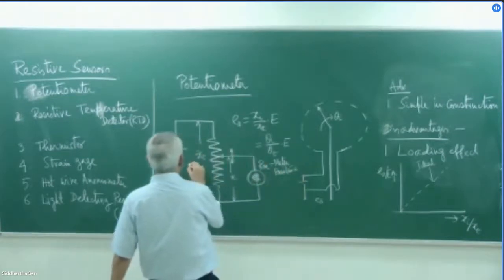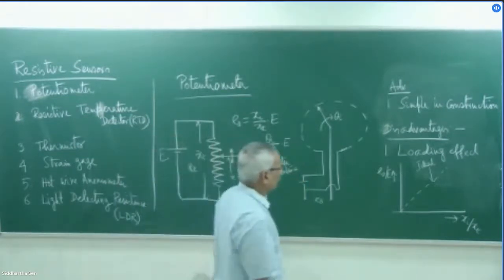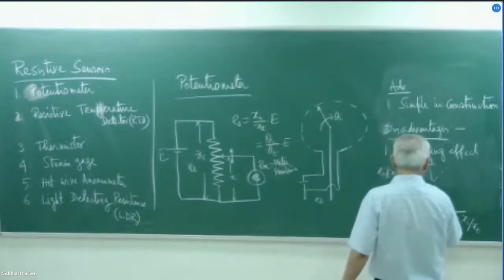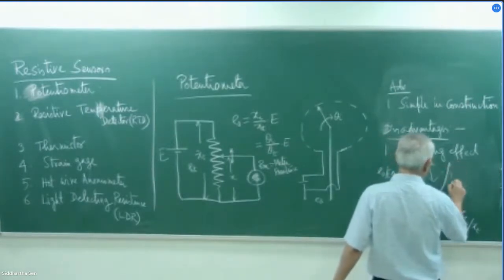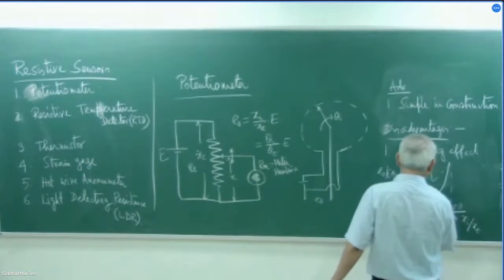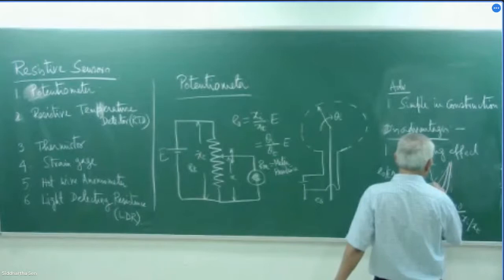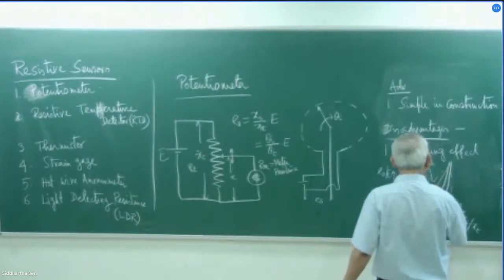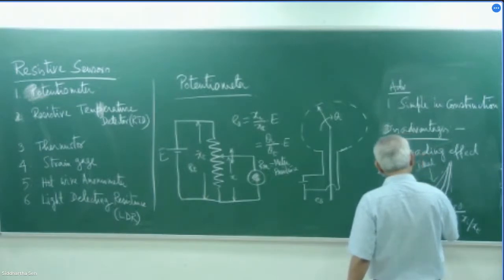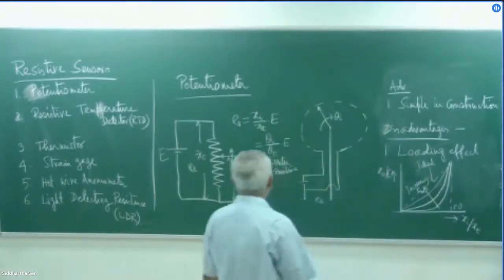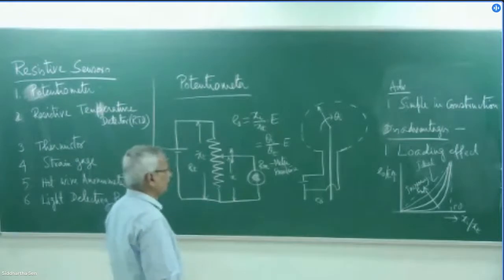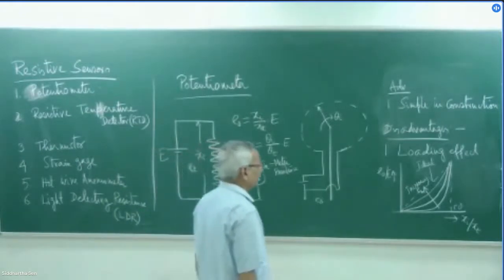If we call this resistance RT, then by increasing Rm, if the meter resistance is infinite, it will give a perfectly linear response.